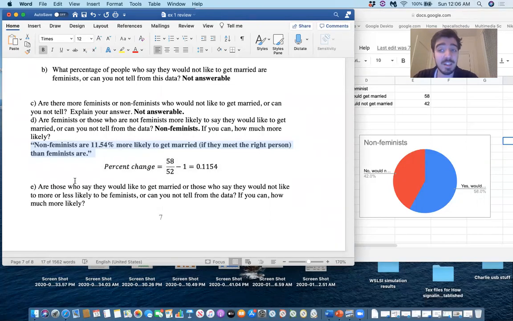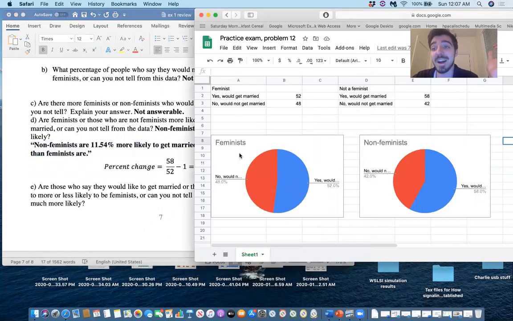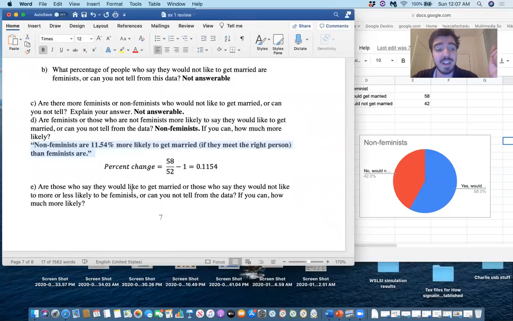The two groups that we're comparing between are those who would like to get married and those who say they would not like to get married, right? So I need two pies, one with a heading of would like to get married, the other with a heading of would not like to get married. We do not have those pies, right? We just have the feminist pie and the non-feminist pie, okay? So this actually is not answerable.